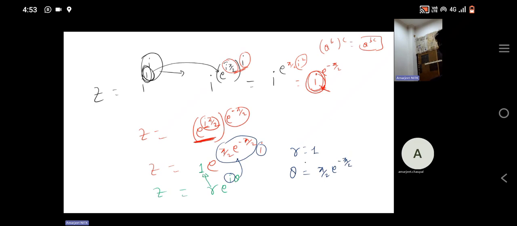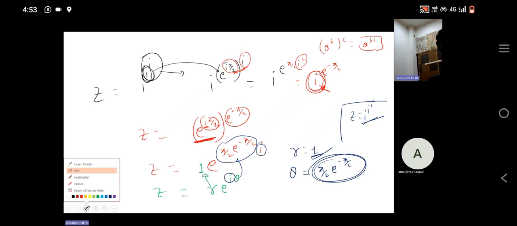So the complex number z, equal to iota to the power iota, has modulus of 1, and argument is this thing, pi by 2 e to the power minus pi by 2.